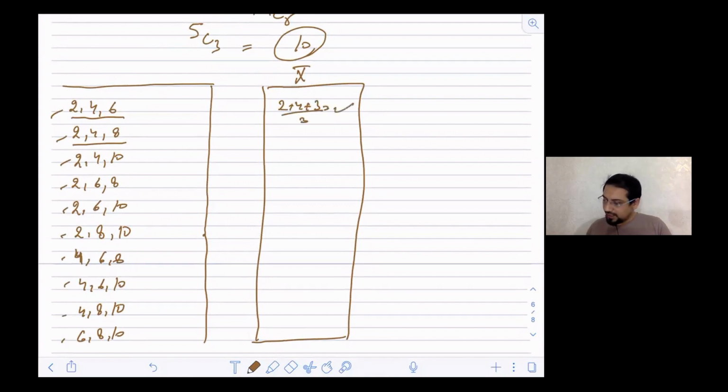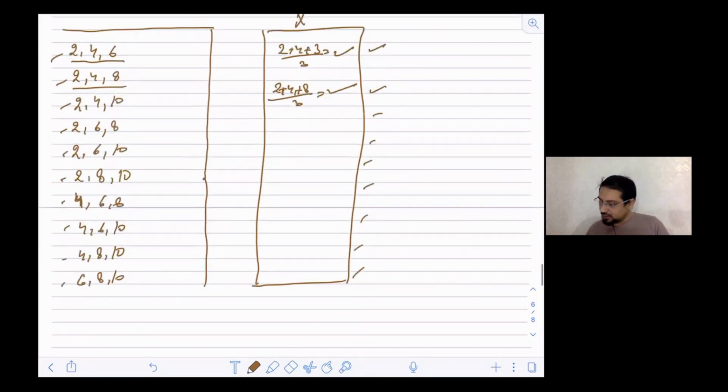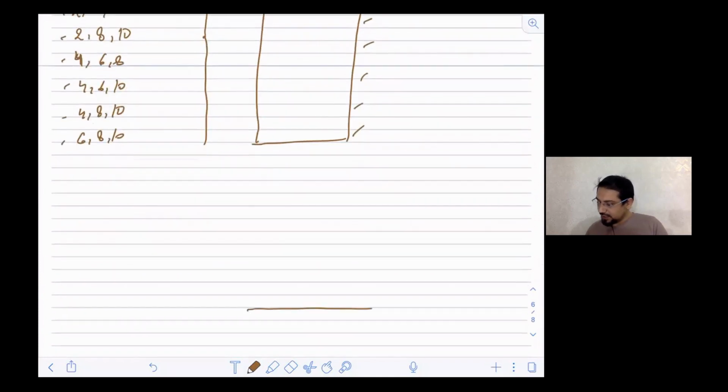And then the same thing, 2 plus 4 plus 8, again divided by 3, and then likewise you will find all 10 means. And again you will draw the same chart.